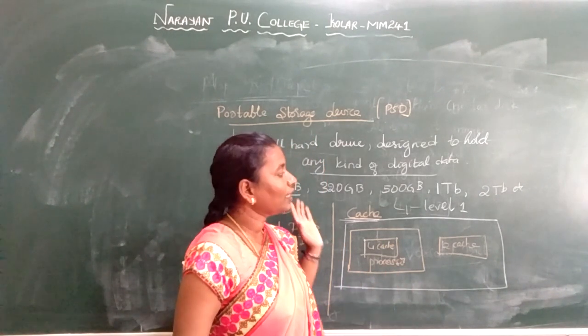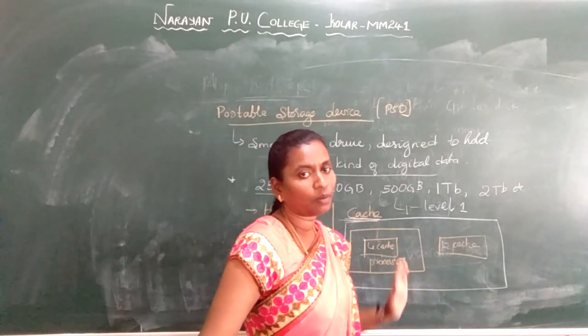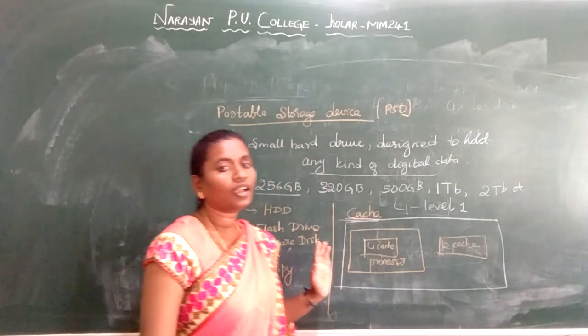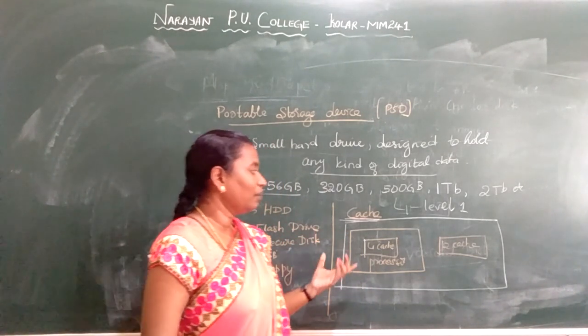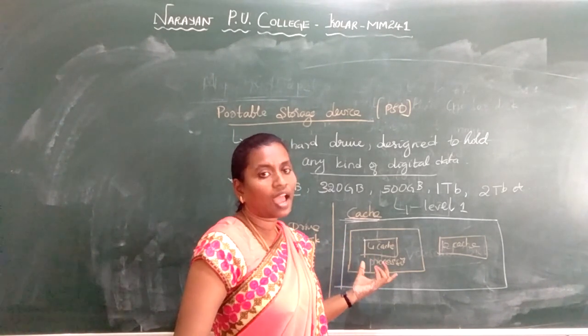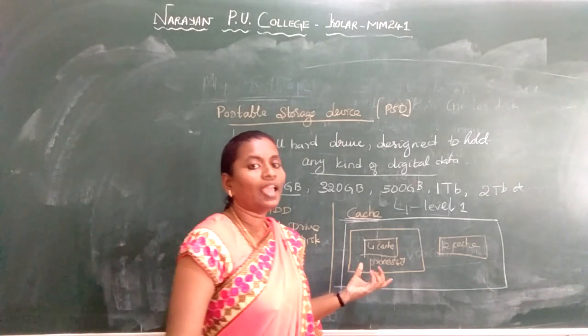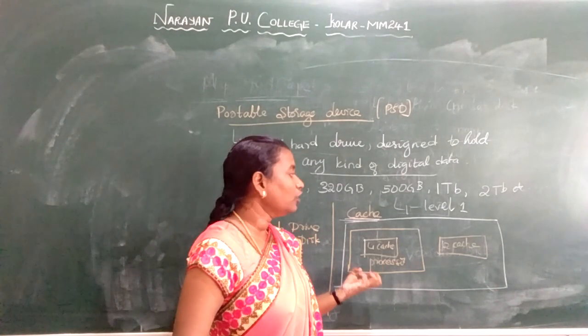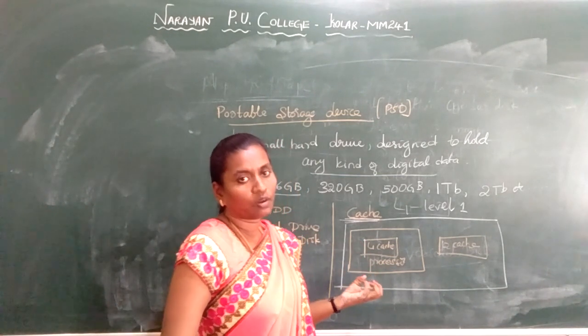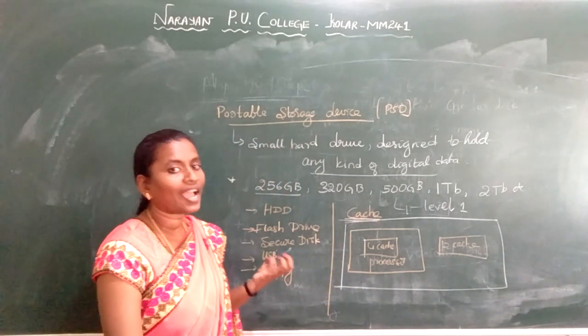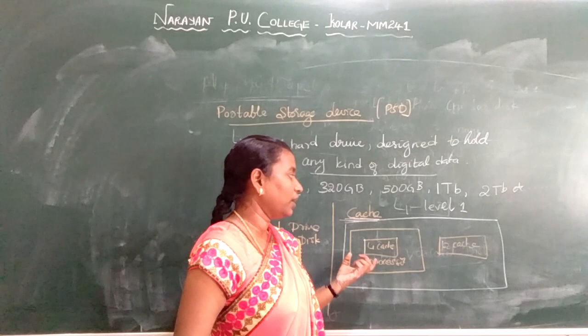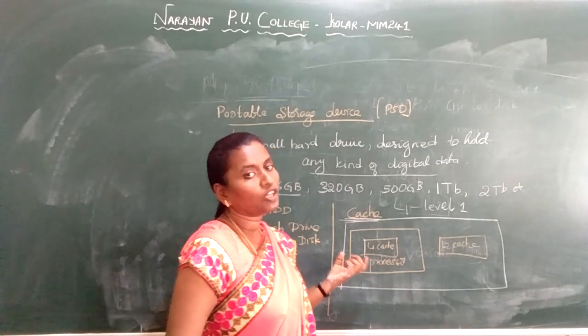It is very fast and very expensive. When you compare all the other memory, even your main memory, your primary memory, cache memory is very fast. It is the fastest and very expensive. Compared to RAM, cache memory is very expensive, but it is designed to hold only a minimum of data, the frequently accessed data.